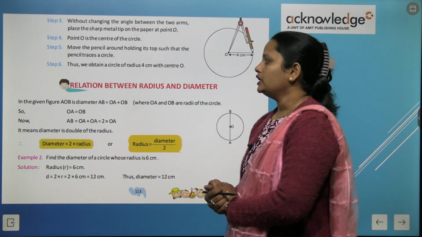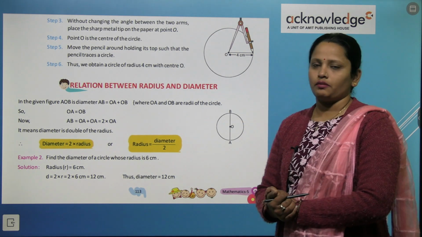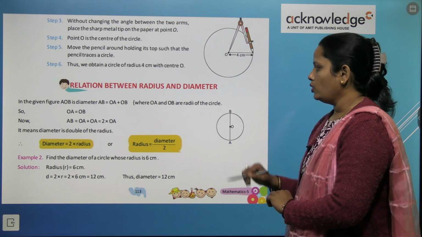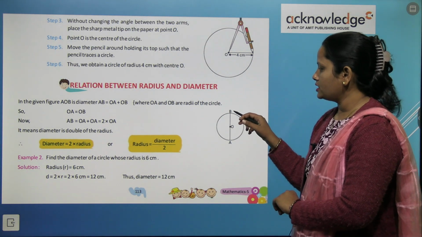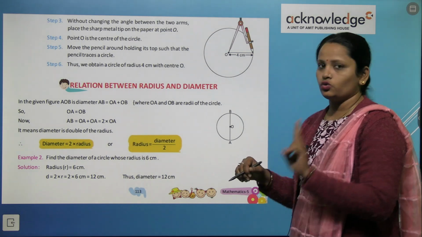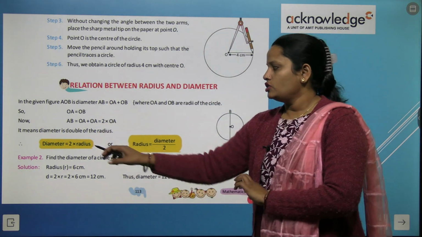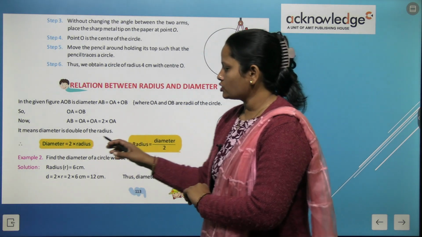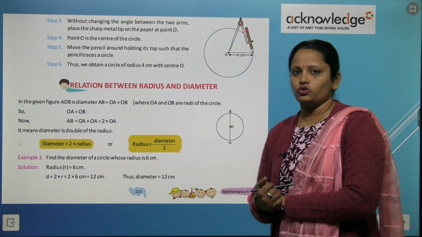In the given figure AOB is diameter. In this figure, what is AOB? Diameter. So here AB we can write as AO and OB, where AO and OB are radii of the circle. Now we know that if we touch any end of the circle from the center, it becomes a radius. So we have touched both ends from the center, touched 2 times, which means we have to add the radius 2 times. So here the formula of diameter is 2 radius, or the formula for radius is, we leave the radius here and cross multiply, so it becomes diameter upon 2. So this is the formula that we are going to use.